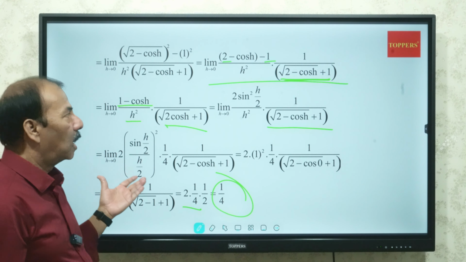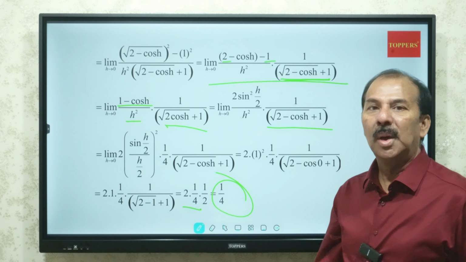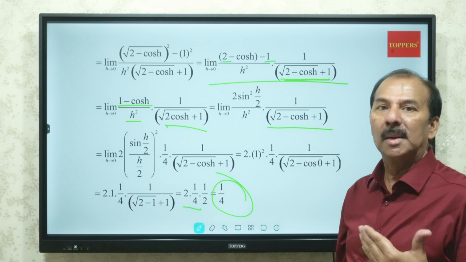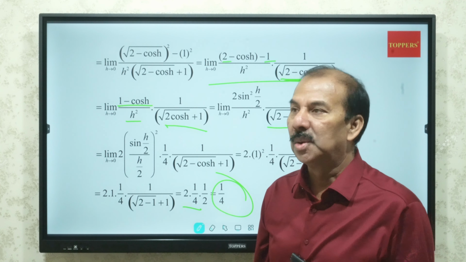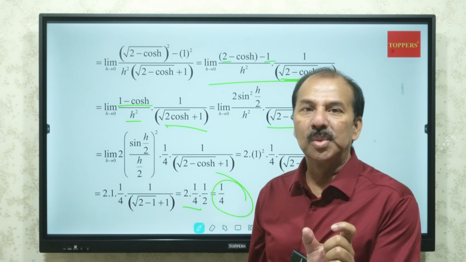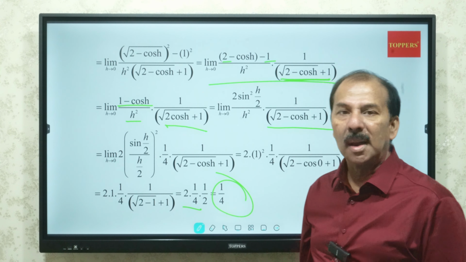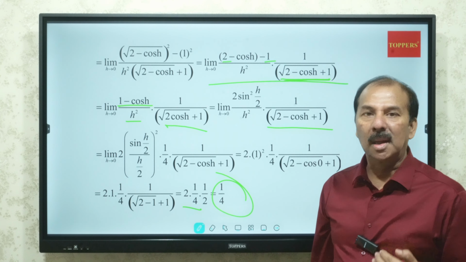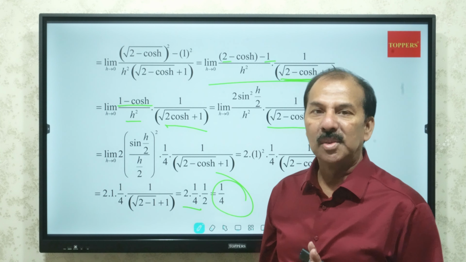So after simplifying so many questions, we observe that if there are irrational terms, you have to rationalize. If x tends to some other number instead of 0, or theta tends to 0, we use a substitution so that after that substitution we can rearrange the terms in the standard form, that is sine theta upon theta, tan theta upon theta, or simply cos theta when theta tends to 0, which is equal to 1.